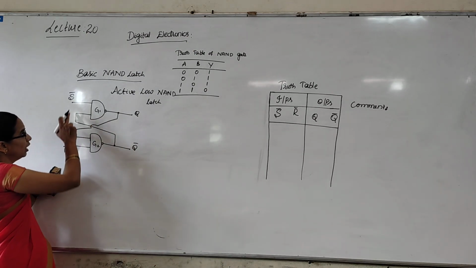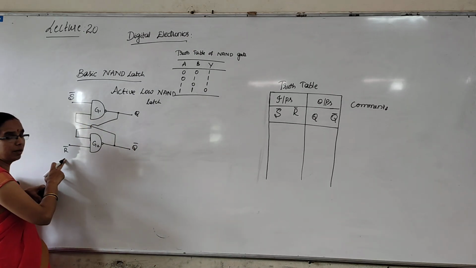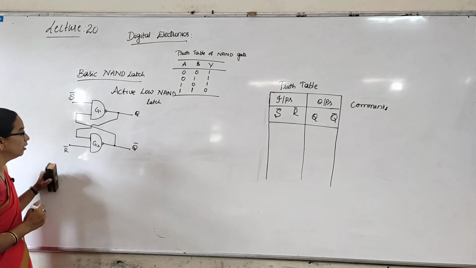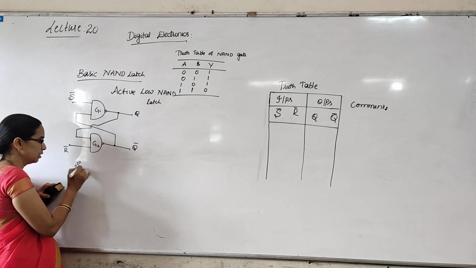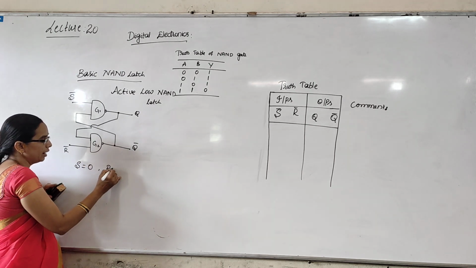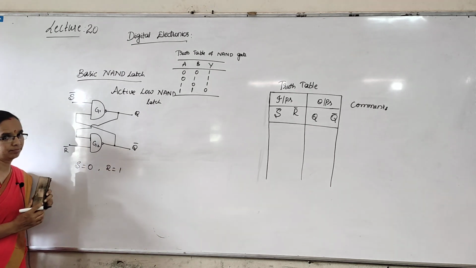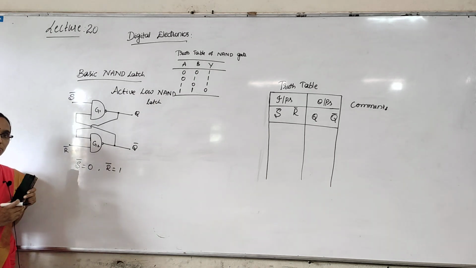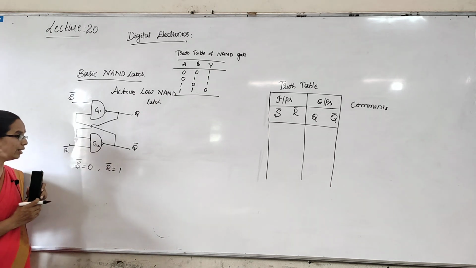S bar and R bar are the inputs, Q and Q bar are the outputs. When I make S is equal to 0 and R is equal to 1, that means S bar is equal to 0 and R bar is equal to 1. What happens?